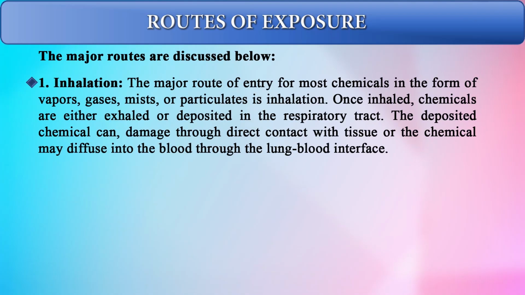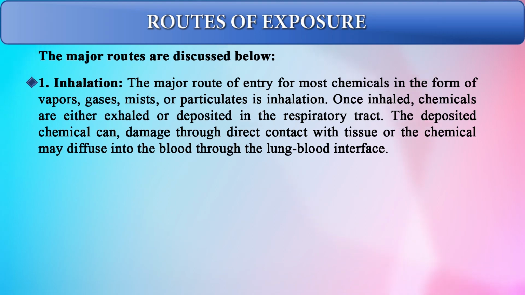Now, I will discuss with you the routes of exposure of various chemical or toxic compound. There are many routes by which a substance can enter into the body. The major routes I will be discussing in next few slides. First is inhalation.